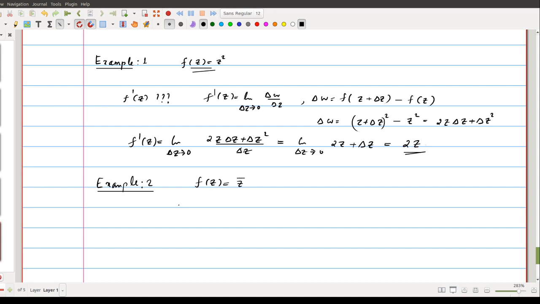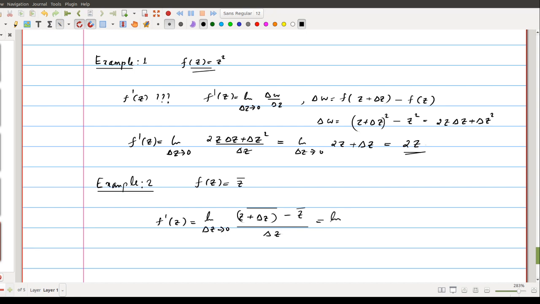Once you try to find the derivative of this function, f dash z is equal to the limit as delta z tends to 0 of f of z plus delta z, that is z plus delta z whole conjugate, minus f of z, that is z conjugate itself, divided by delta z.